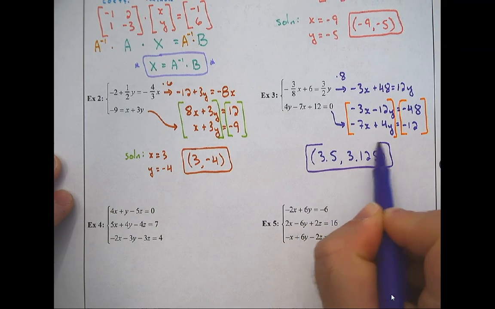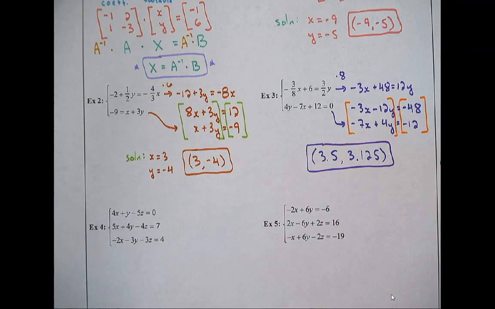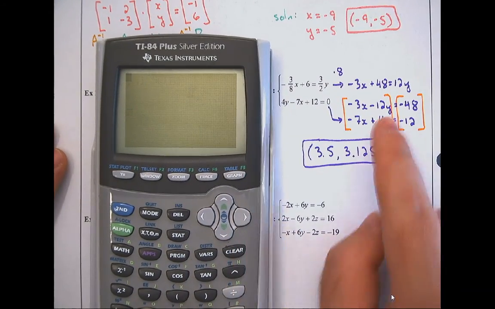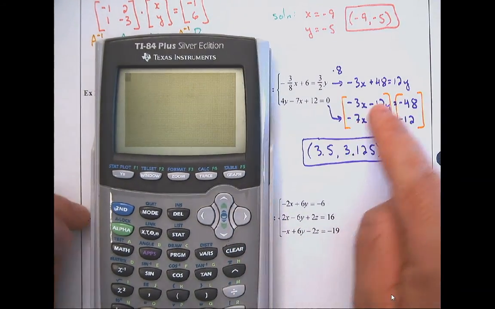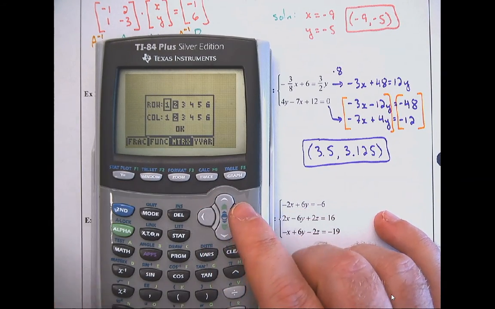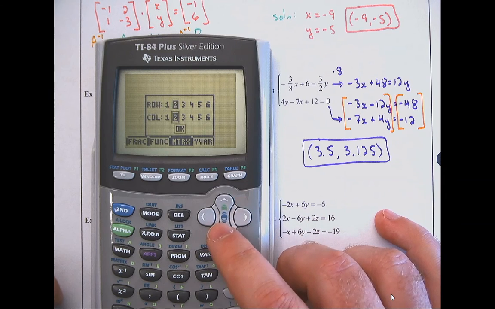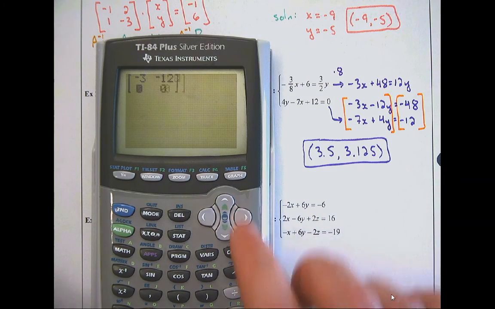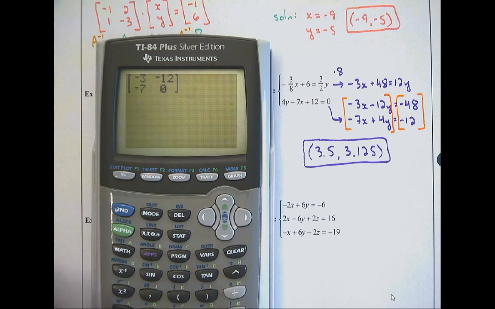So let's say you're somebody who remembers how to do fancy calc stuff with their matrices. Another way to do this is to build your matrices and do the inverse right on your calc. So alpha F3, the first is a 2 by 2. Negative 3, negative 12, negative 7, and 4.